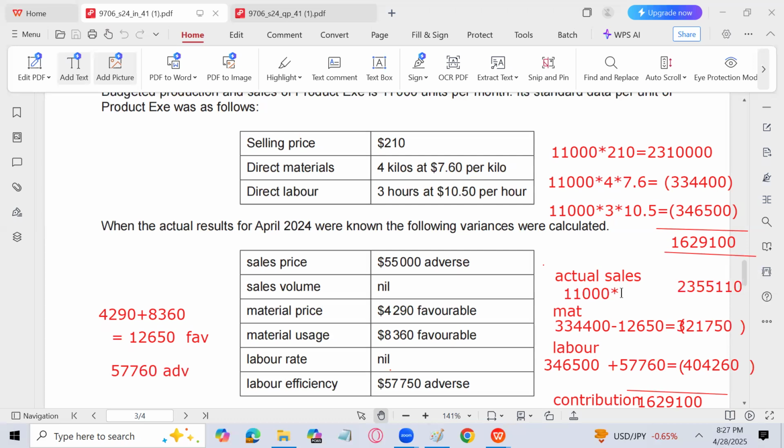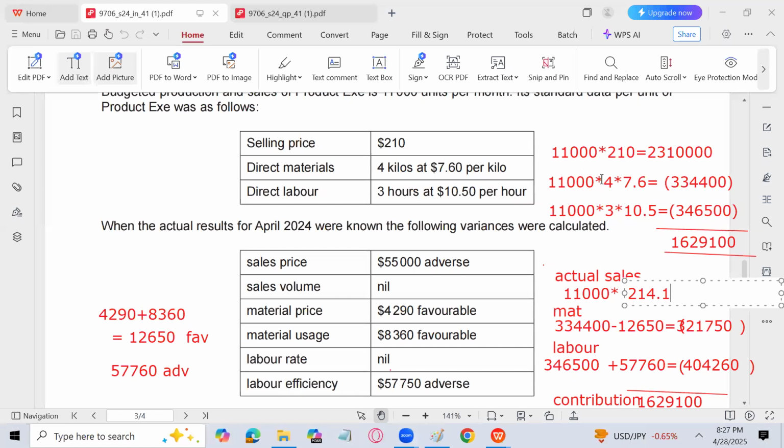Yes, sir. Now you will divide it by 11,000 and you will find the actual selling price for the question. 214.1. So 214.1 is going to be your answer for this part.